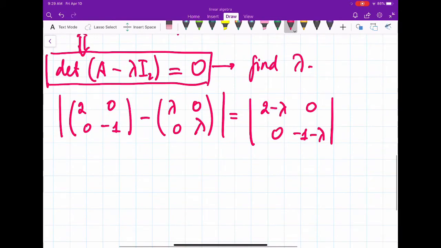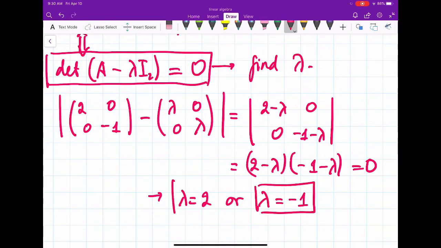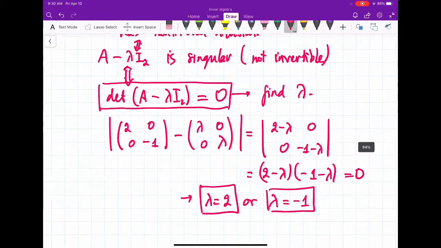The determinant of this matrix is just the product of 2 minus lambda and negative 1 minus lambda. I set this equal to 0. From here, we get lambda = 2 or lambda = -1. So this matrix has two eigenvalues.